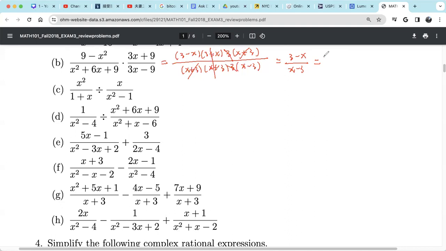In the numerator, I can factor out a negative 1 and write x minus 3 inside the parentheses. If I distribute the negative sign, I still get a negative x and positive 3. Then in the denominator, I have x minus 3. So now these two cancel, and I'm left with negative 1.